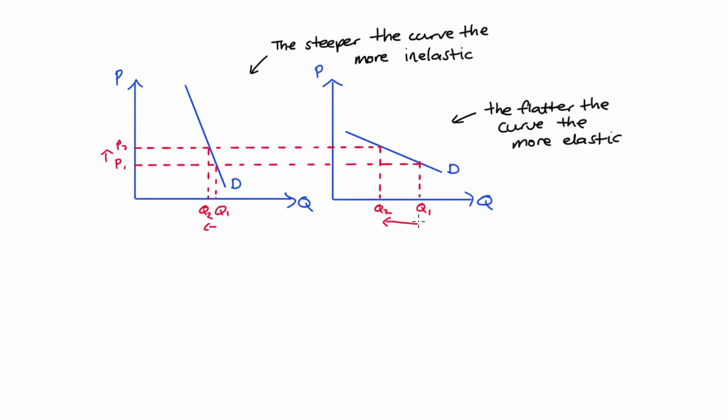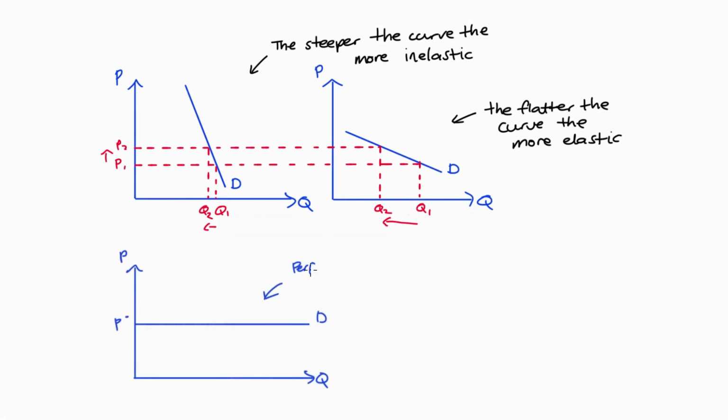If we have a perfectly horizontal line, this is what we call a perfectly elastic demand curve, and actually the elasticity here is identified as -infinity. Basically, at any other price other than P star, a firm is either going to take the whole market or lose all of their demand. So you get a huge reaction even from a very, very, very small change in price.